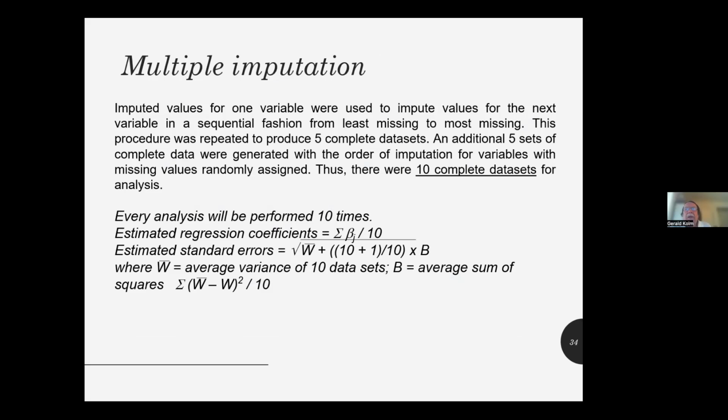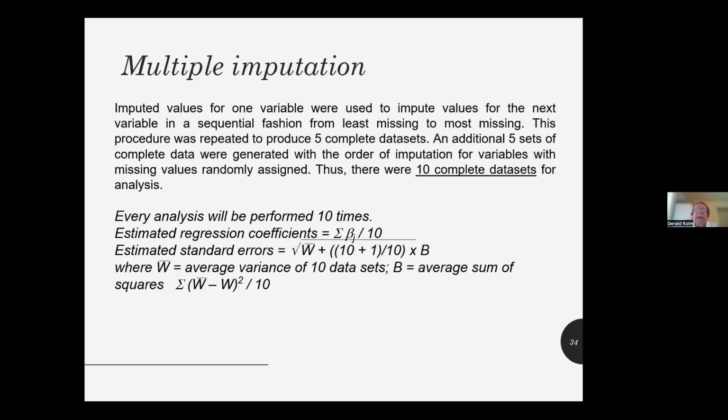And so I did 5 data sets where I imputed values to missing data in the order of how much missing there was. So I started out with age and sex, which had less than 1%, and then I did another 5 where I randomly imputed without regard for how much missing there was.